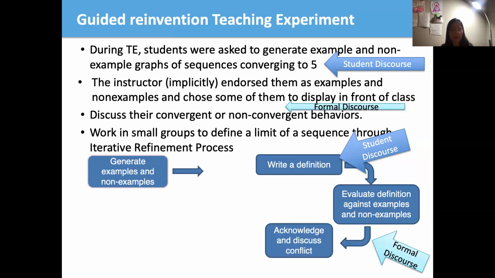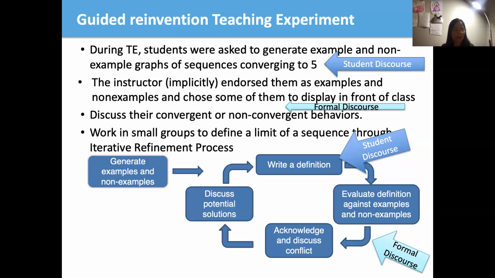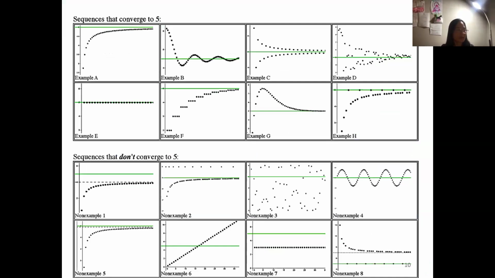Then students acknowledge if there is any problem with it, come up with a solution, and reflect to revise the definition, and then they go through the cycle again. So our TE group created 23 group definitions, which we numbered from 1 through 23.